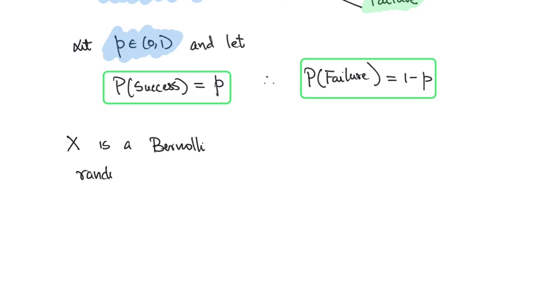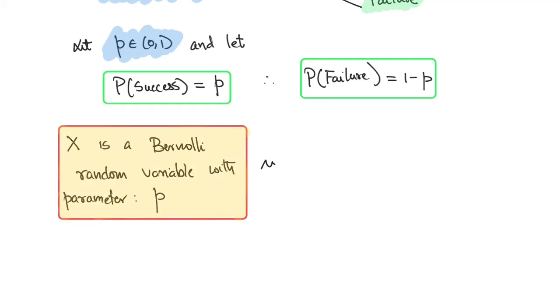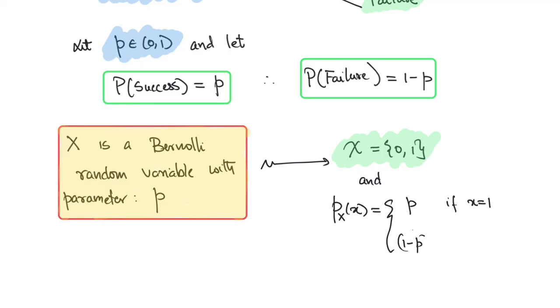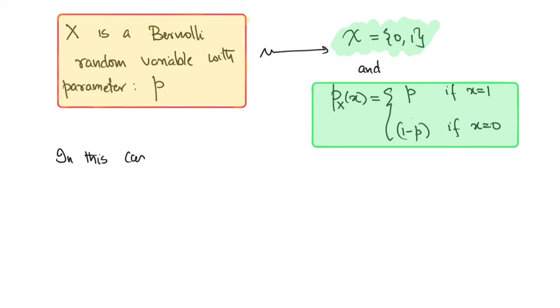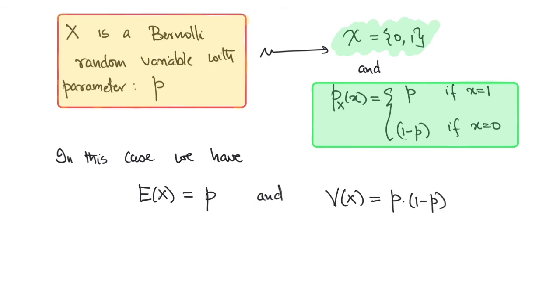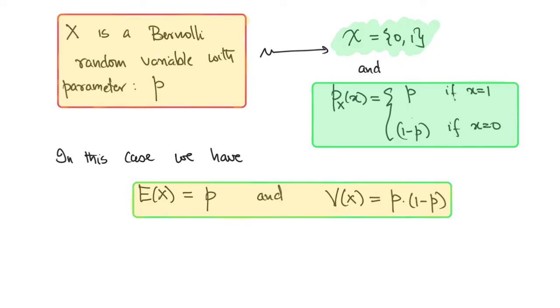X is a Bernoulli random variable with parameter p if the values of X lie in the set containing 0 or 1, and the probability mass function is defined as equal to p if x equals 1 and p sub X of x equals 1 minus p if x equals 0. Note that in this case, we will have the expected value of the random variable equal to p and the variance equal to p times 1 minus p.